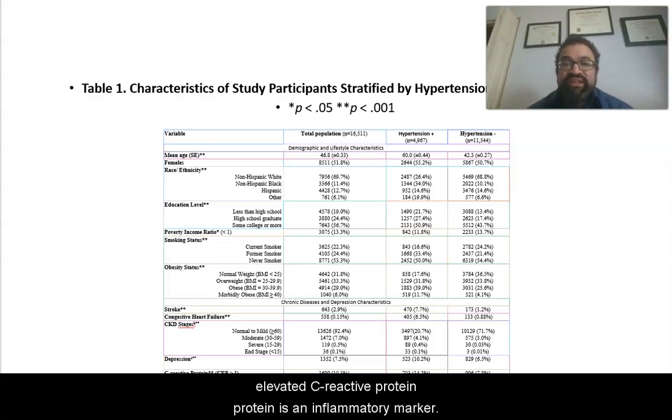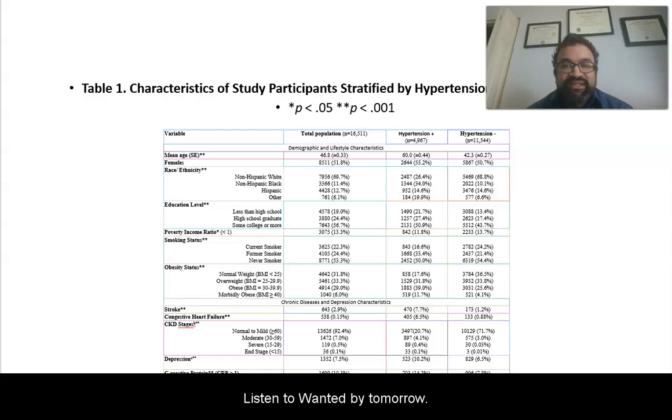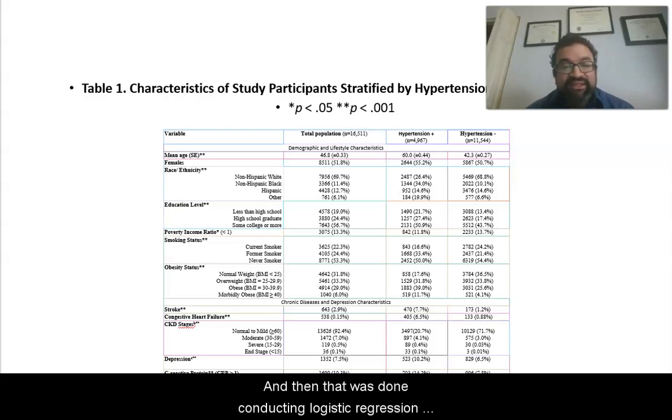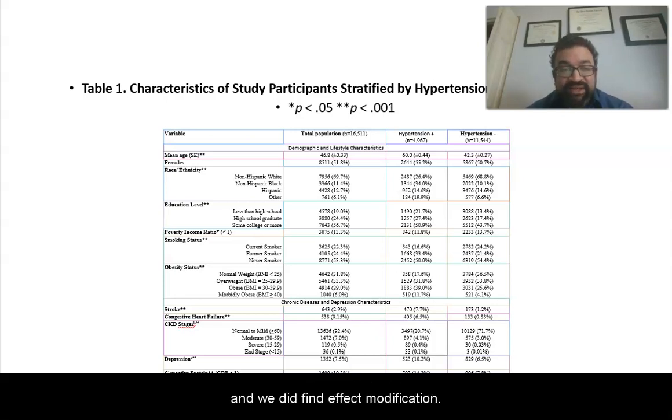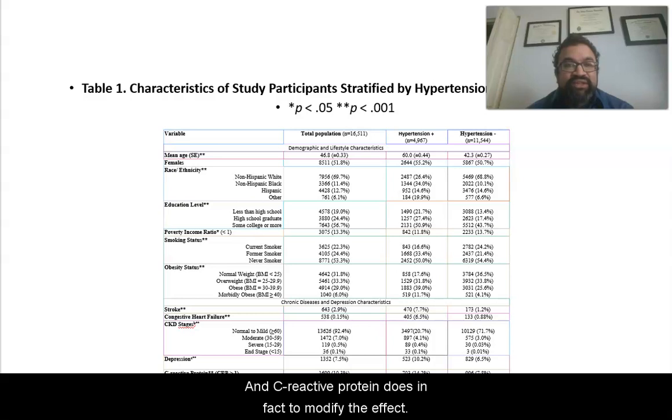Now, C-reactive protein is an inflammatory marker, and so we wanted to see the actual effect of C-reactive protein, this inflammatory biomarker. So that was done conducting logistic regression, and we did find effect modification, and C-reactive protein does in fact modify the effect of hypertension on depression.